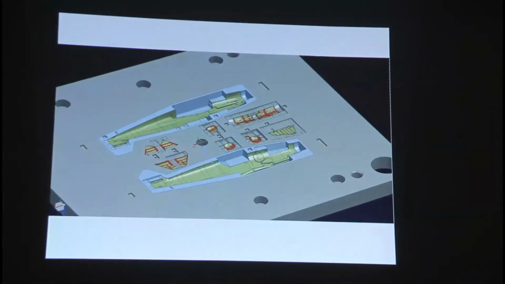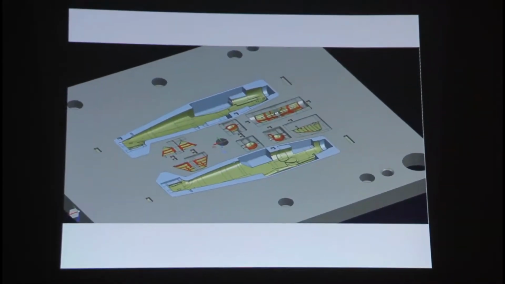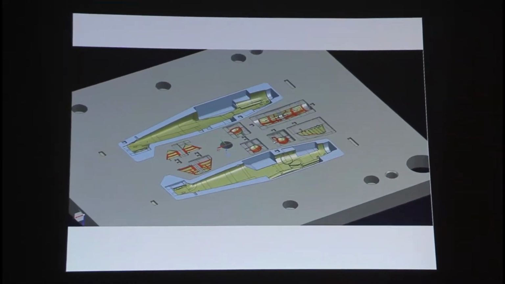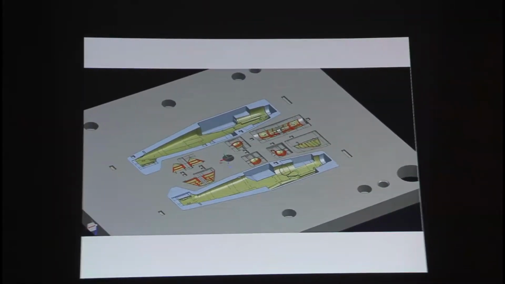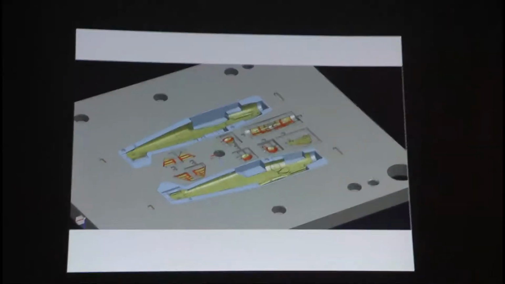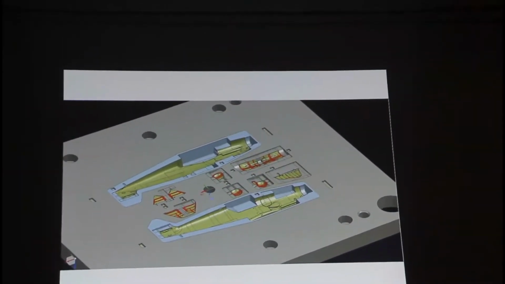This is the cavity mold. It is roughed out, but the milling is not clean.